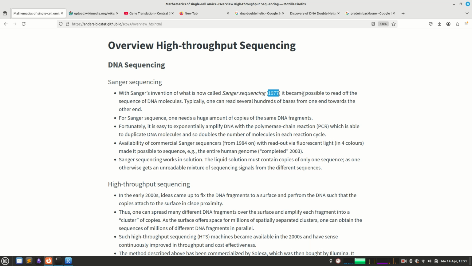At the end of the 20th century, the famous Human Genome Project was working on using this technique to slowly read off all the 3 billion bases of the human genome.